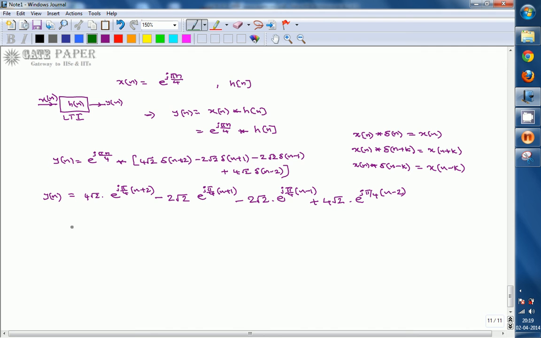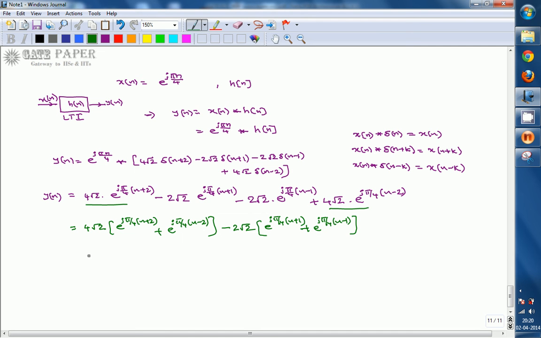Out of these terms, take 4 root 2 as common from two terms, and we get e power j pi by 4 of n plus 2 as one term, plus e power j pi by 4 of n minus 2 as the other term. Taking minus 2 root 2 as common from the other two terms, we get e power j pi by 4 of n plus 1 plus e power j pi by 4 of n minus 1.